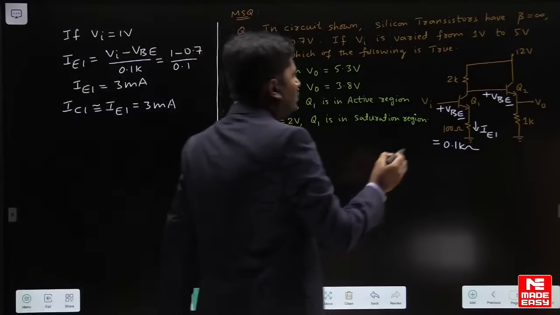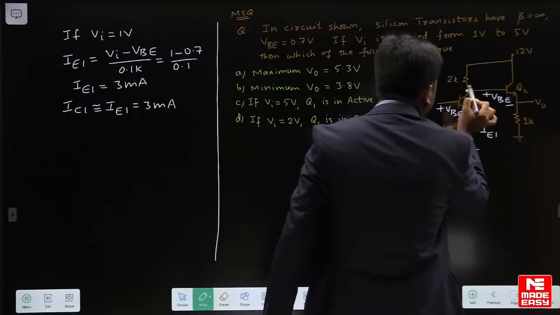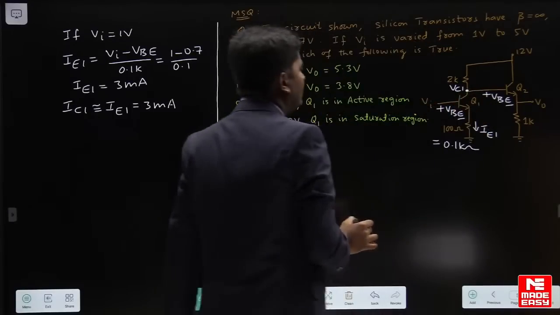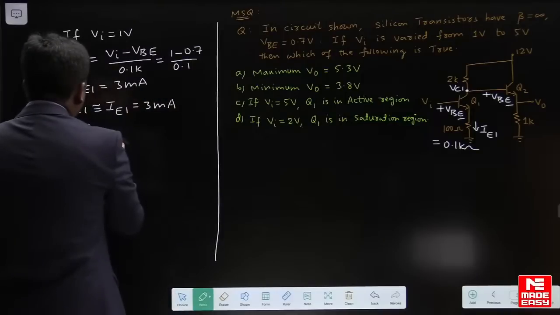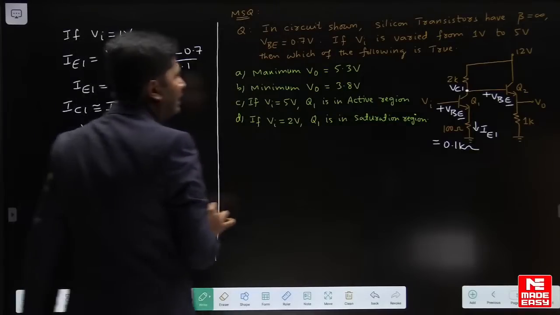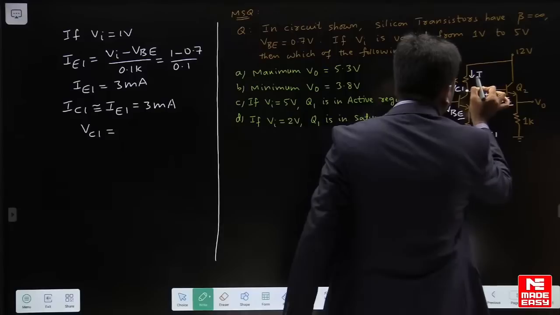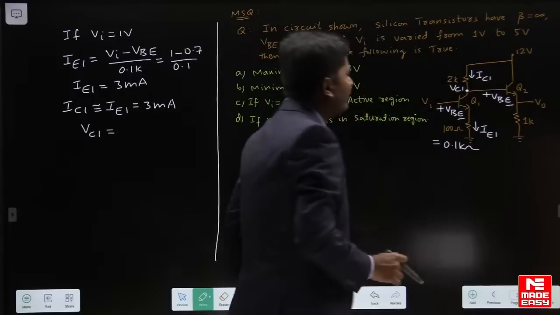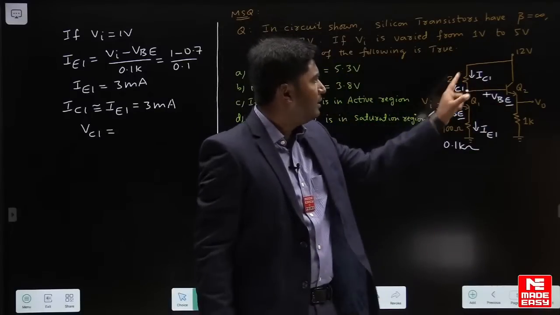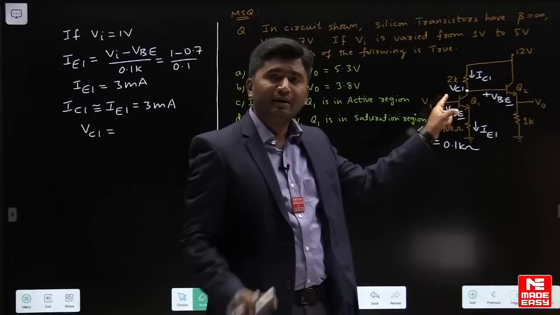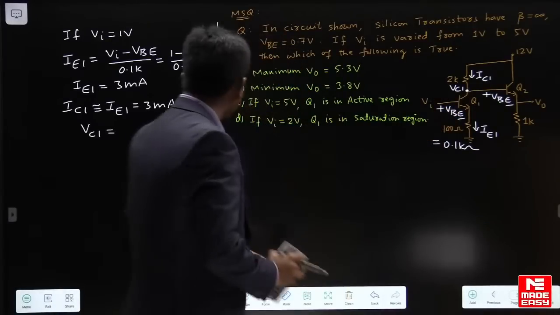Now indicate the voltage here as VC1, the voltage at the collector of Q1. That VC1 I can calculate. It will be 12 volt minus the drop across 2K. From the 12 volt you subtract the drop across the 2 kilo ohm resistor, and you will get the voltage at the collector of Q1.